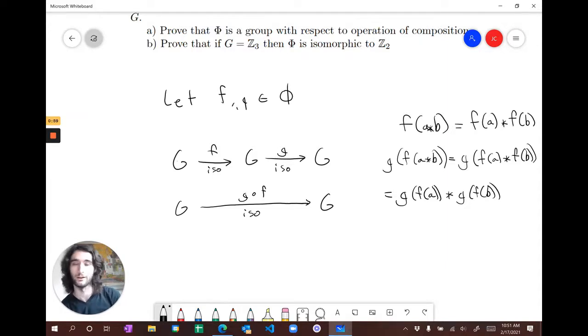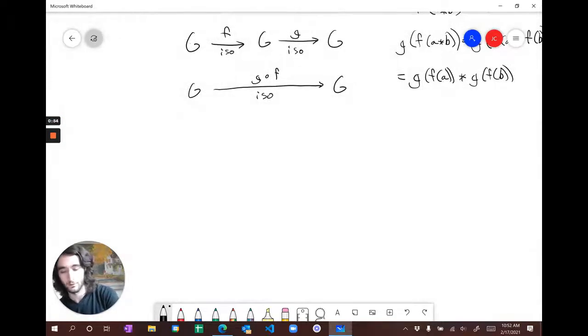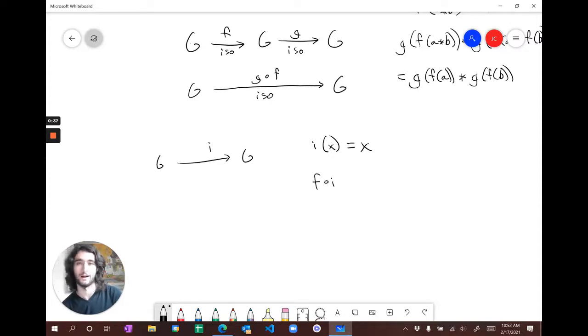So Phi is closed. Okay, what about the identity? Well, sure, let's use the letter I to mean the function which goes from G to G and does nothing, right? So it's the identity function. So in other words, you plug something in and you just get the thing. Well, then it should make sense that if you compose F with I, or you compose it this way, those are both saying do nothing and then do F, or the other one's saying first do F and then do nothing.